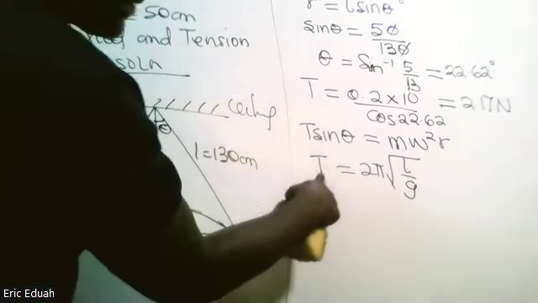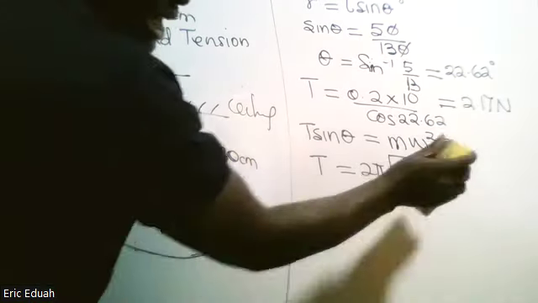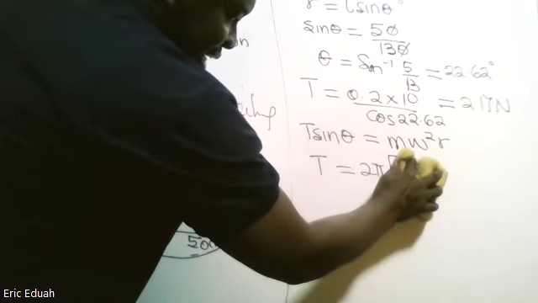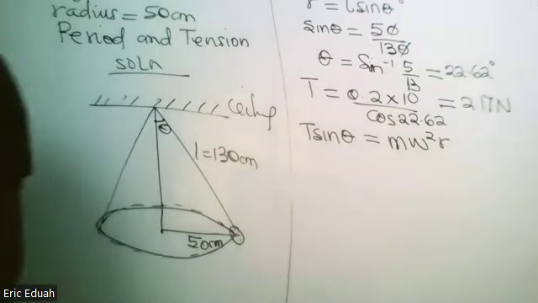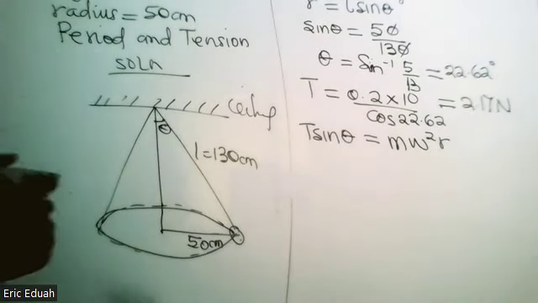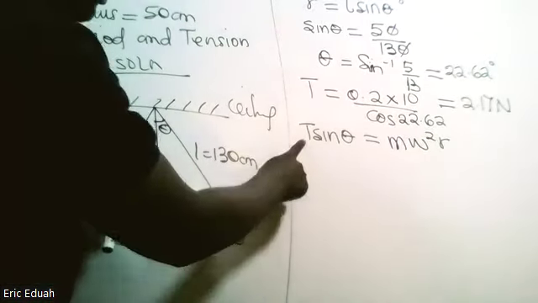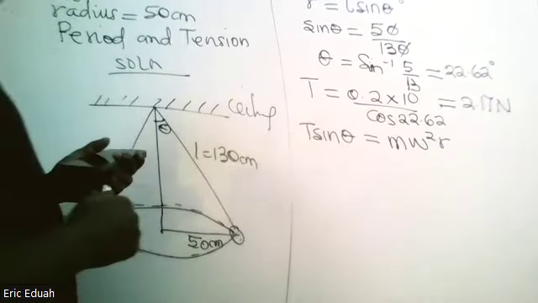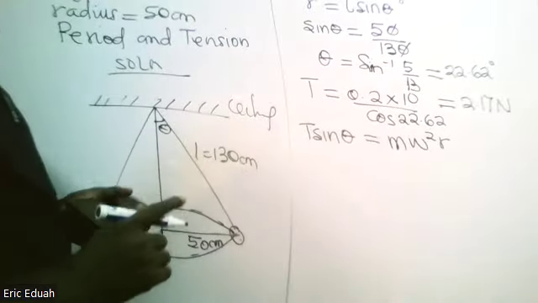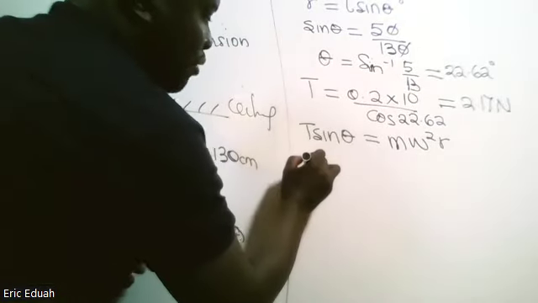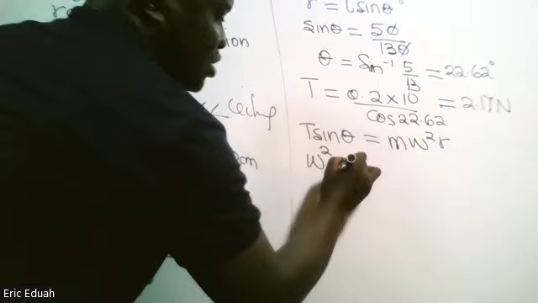You see this formula when we start SHM. It's a different thing. Is that okay? Okay, sir. All right. So T, there's a tension. Now, I can get the period from omega. So what I want to do is to make omega squared the subject.